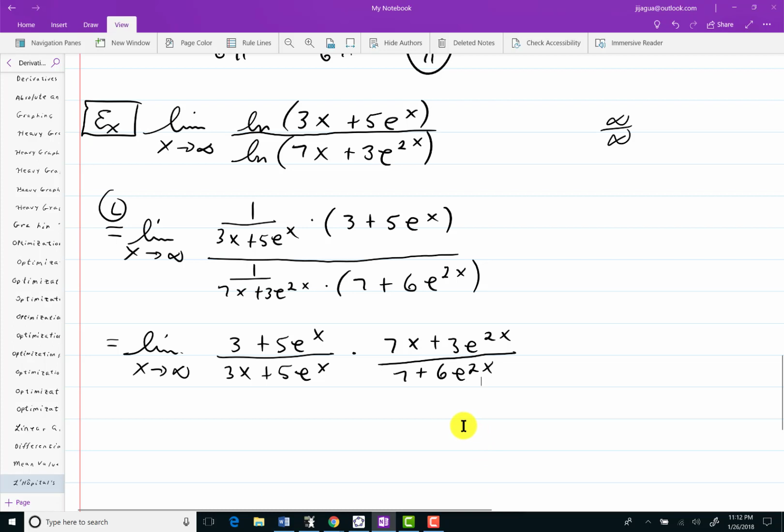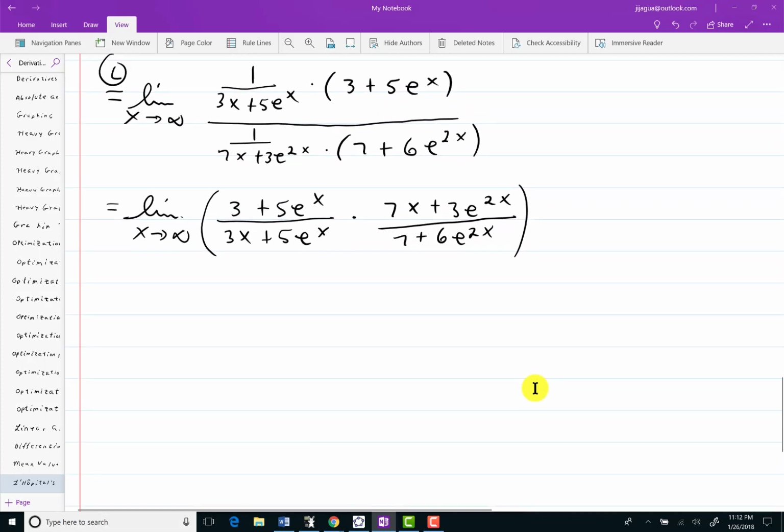Now, it's possible that you might want to multiply it all out, and there's nothing wrong with it. It just gets ugly and it gets complicated. One of the things that you can do with limits, assuming that all of these limits exist, is I can break this up in the following format.